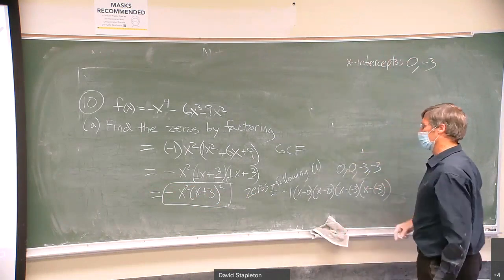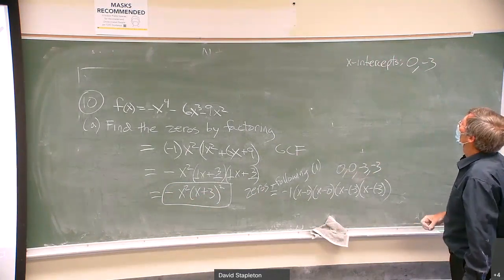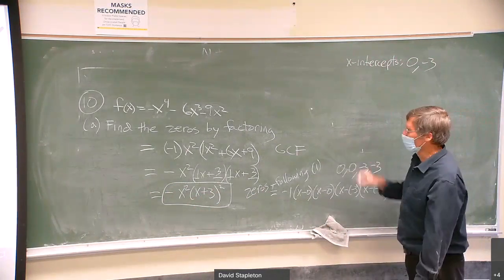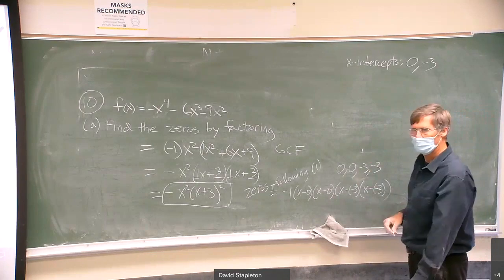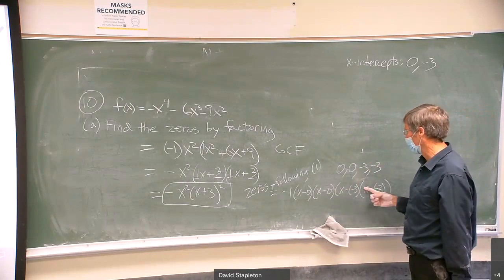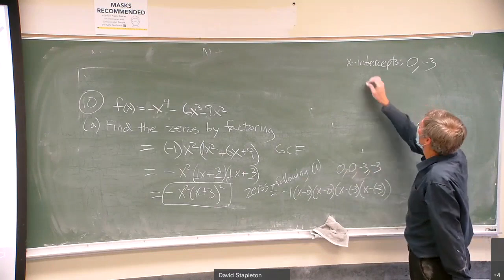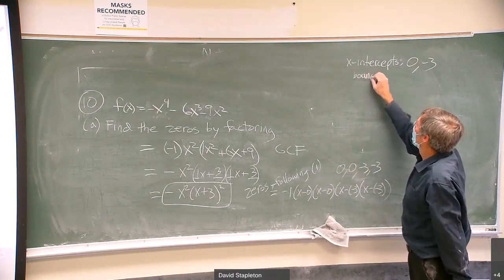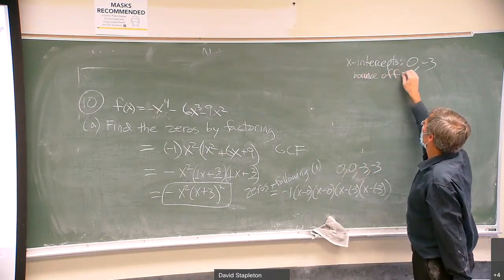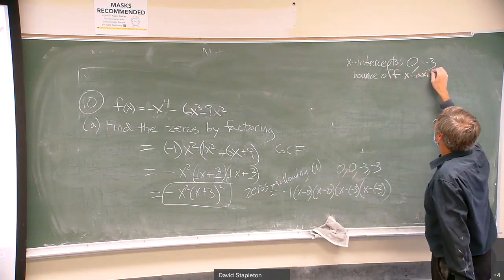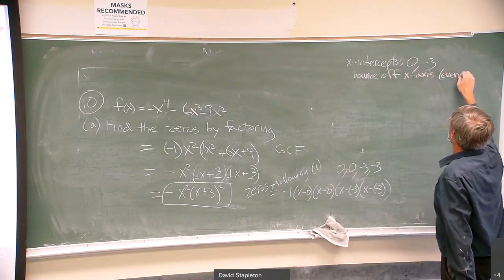They are precisely the zeros of the function, right? Does it cross through or does it bounce off? They're even multiplicity 2, right? 2 of these and 2 of these. They bounce off the x-axis because they're even multiplicity 2.